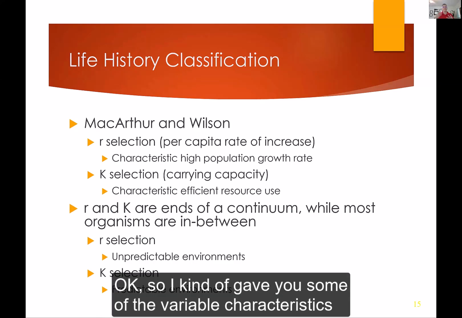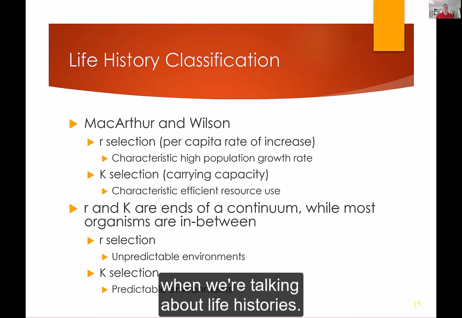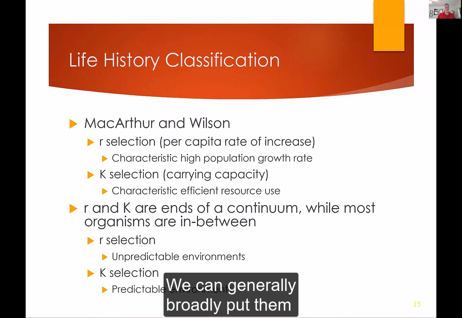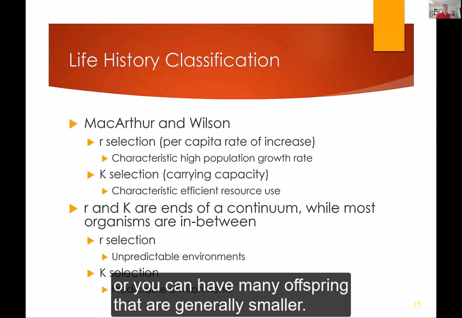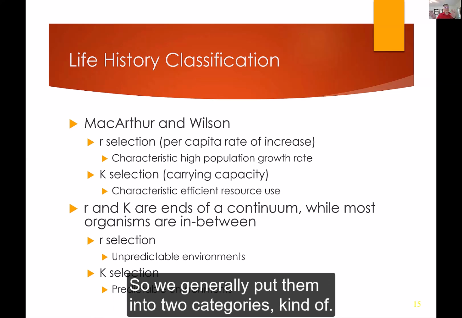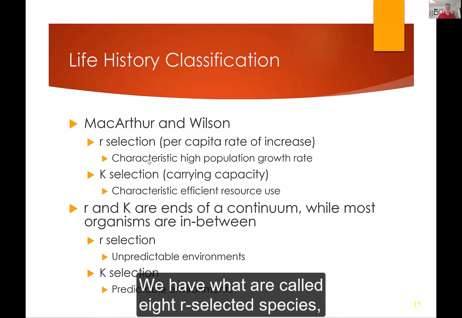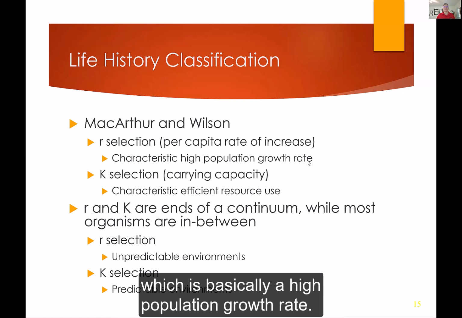Okay, so I gave you some of the variable characteristics when we're talking about life histories. We can generally broadly put them into two categories. We talked about few offspring that are larger, or you could have many offspring that are generally smaller. We have what are called R-selected species, which is basically high population growth rates.